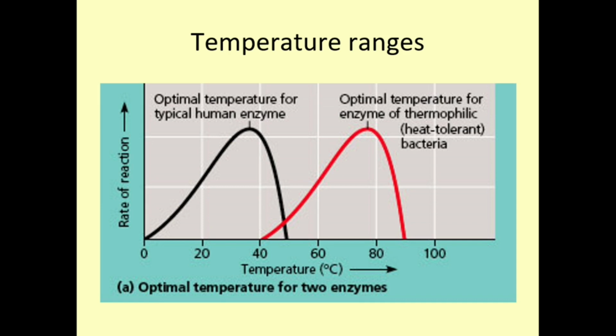And essentially what they will do is they will produce new enzymes that operate at the temperatures of the coming season. So a carp in a pool in the middle of winter, where it's 4 or 5 degrees Celsius, has a suite of enzymes that are suitable for working at those cool temperatures.